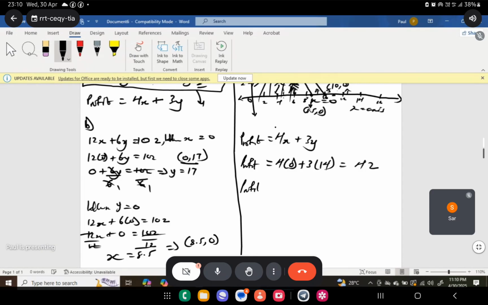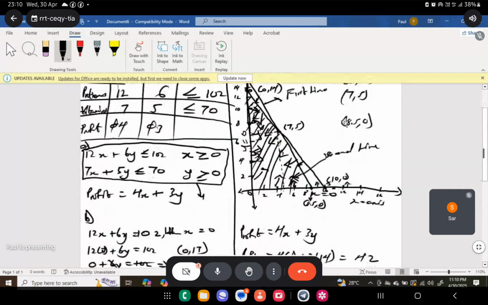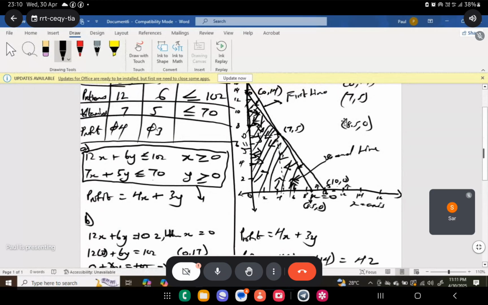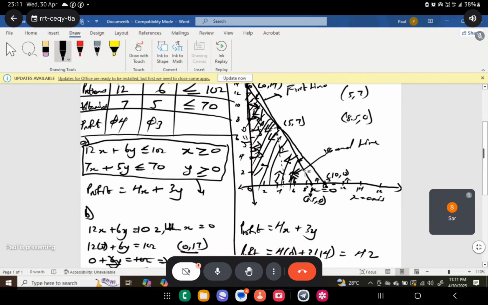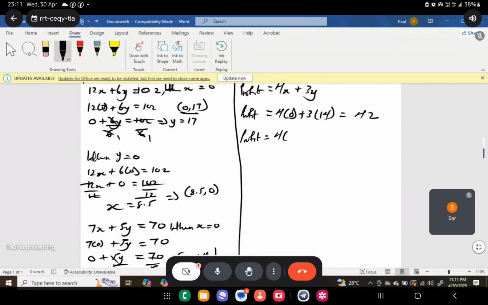The second one, x was 5 and sorry, these coordinates I didn't write well. x was 5, y was 7.